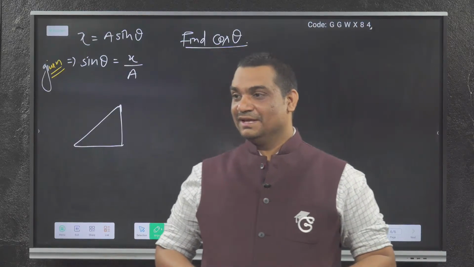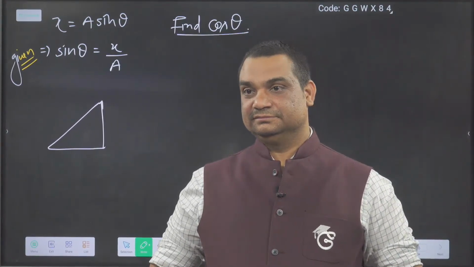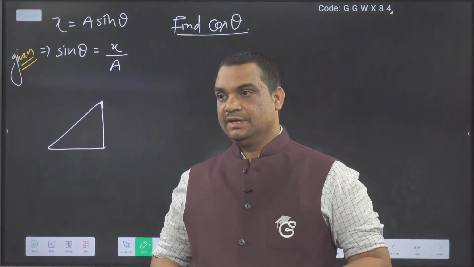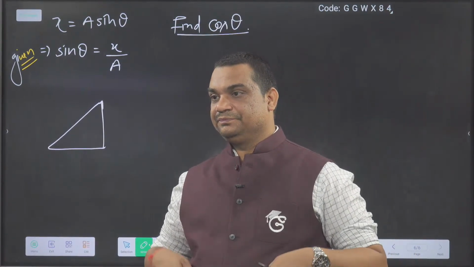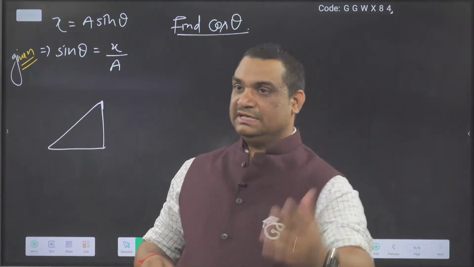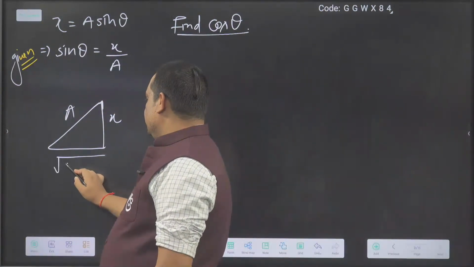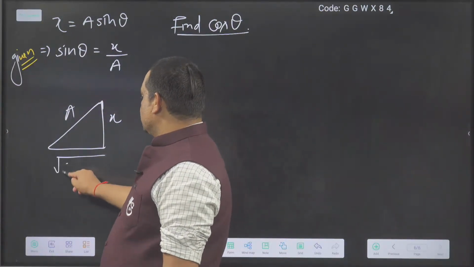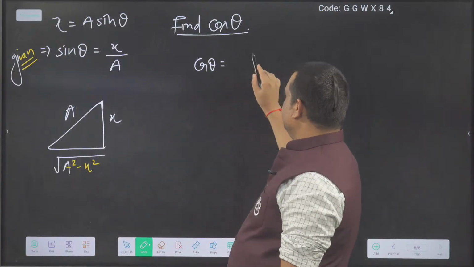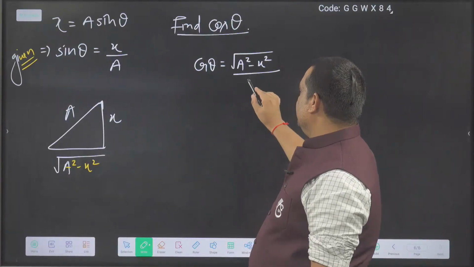Now, keep the screen. In this one, I was asking you to find cos theta. This is your x, here we got a, and this will be root of a square minus x square, and we got cos theta equals root of a square minus x square divided by a.